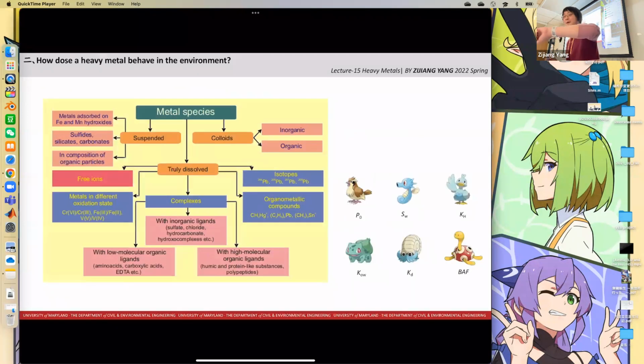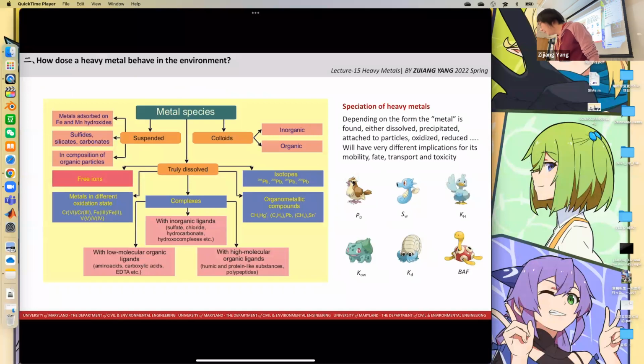And then we are going to talk about speciation. Depending on the form in which the metal is found, either dissolved, precipitated, attached to particles, oxidized or reduced, they have very different implications for its movability, fate, transport, and toxicity.